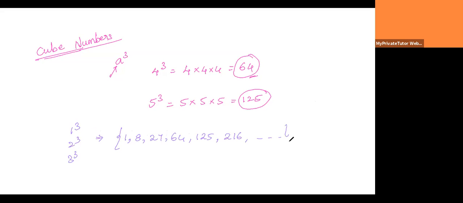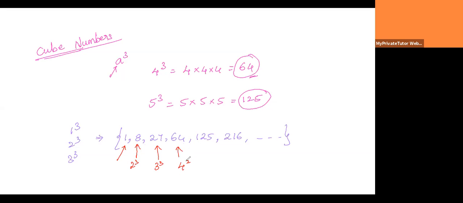I hope you understand why I have written all these numbers. These numbers are cube numbers. Why? 1 cube is 1, 2 cube is 8, similarly 3 cube is 27, then 4 cube, 5 cube, 6 cube, and it goes on.